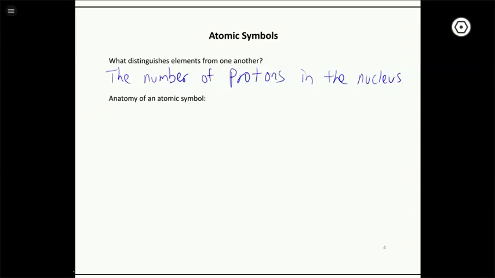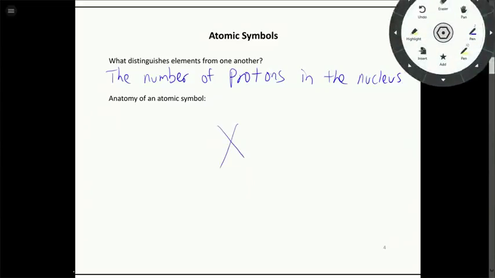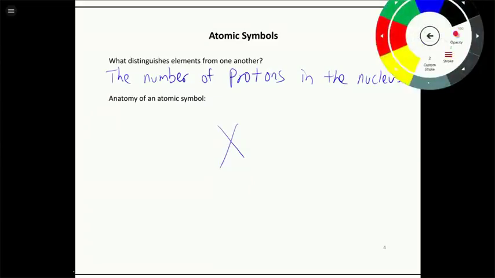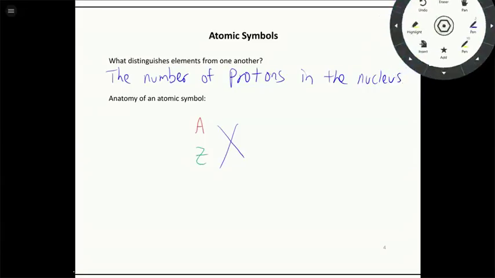And then from there we can write a symbol for each type of atom that we're interested in, that has the basic anatomy that looks like this. You have a symbol in the middle, and then you're going to have a subscript and a superscript on each side. That will be abbreviated A, this will be abbreviated Z. You write these two numerical quantities to the left of the symbol. Let's define what all those mean. So X is the atomic symbol.